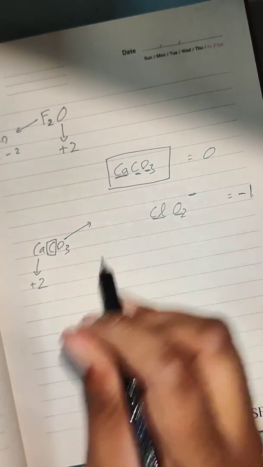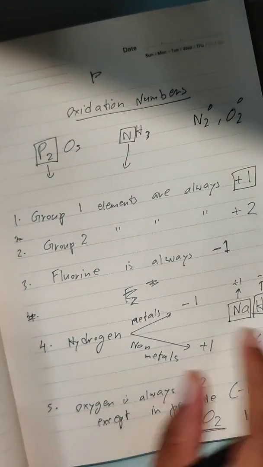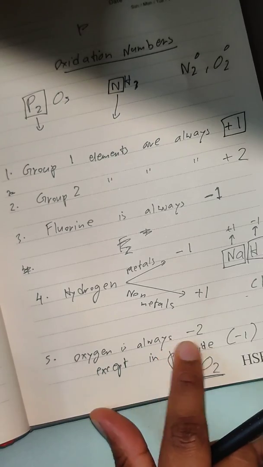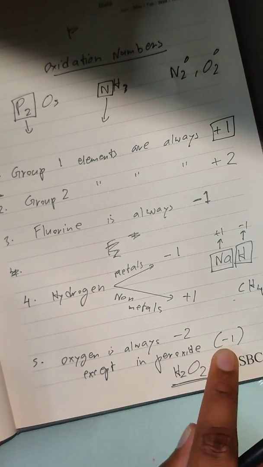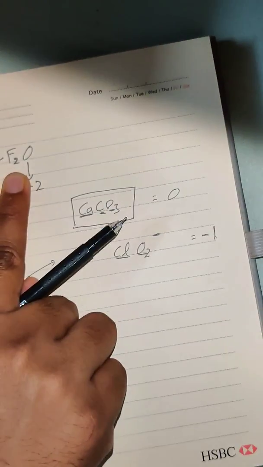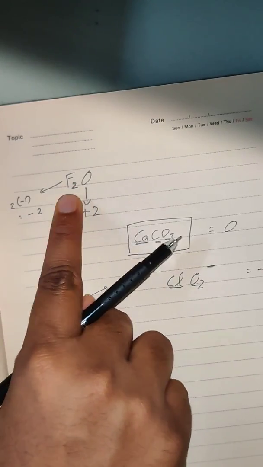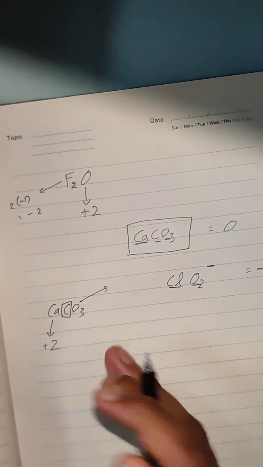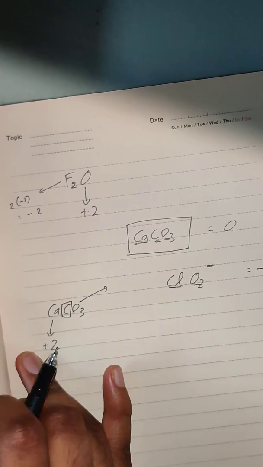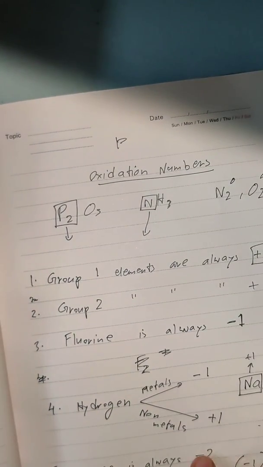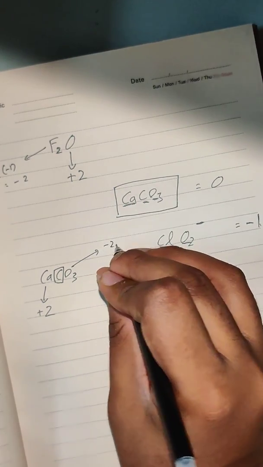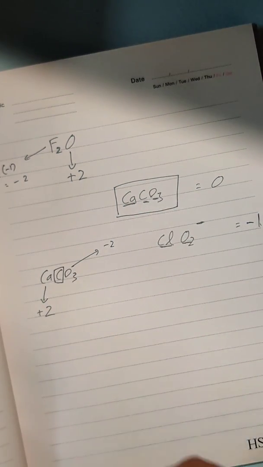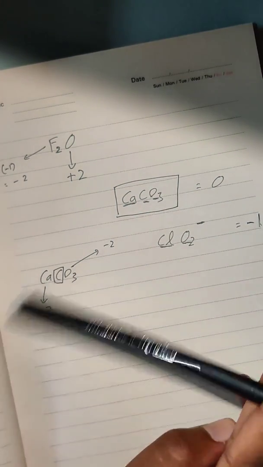Oxygen is always -2 except in peroxide and F2O. In F2O it is +2, but this is none of those exceptions, so this will be just a normal -2.